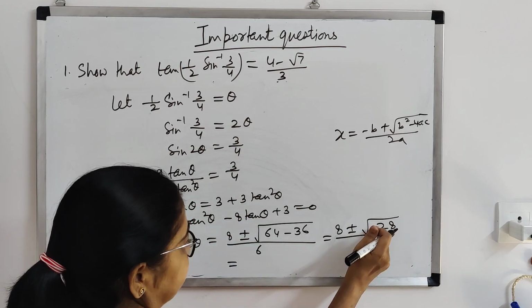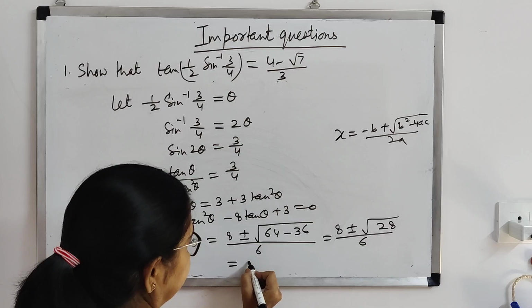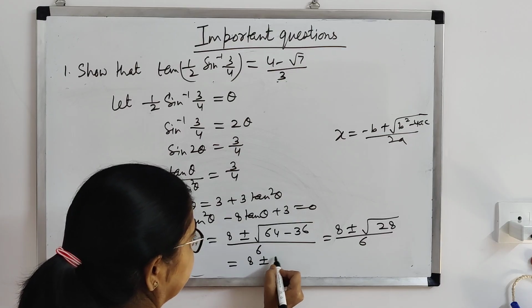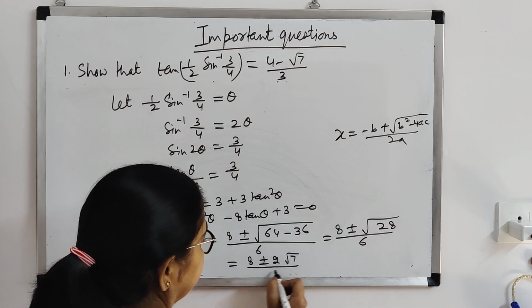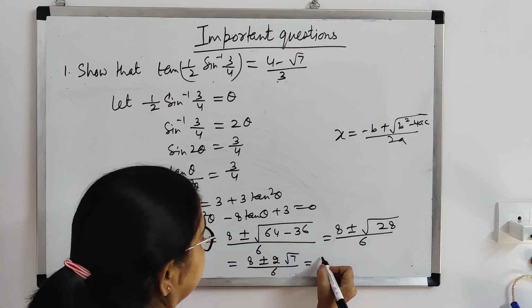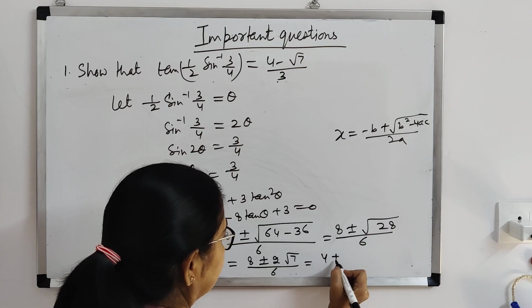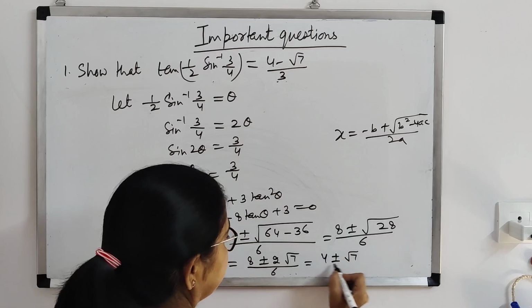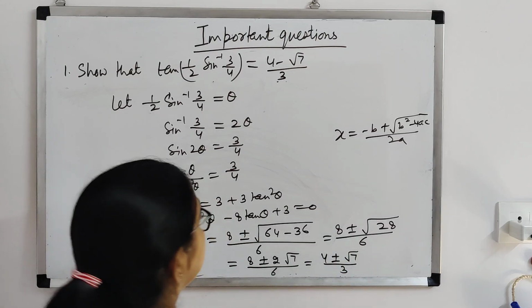Easily you can see this is 2 root 7. So 8 plus minus 2 root 7 by 6. We can take 2 common and cancel from the denominator. So we have 4 plus minus root 7 by 3.